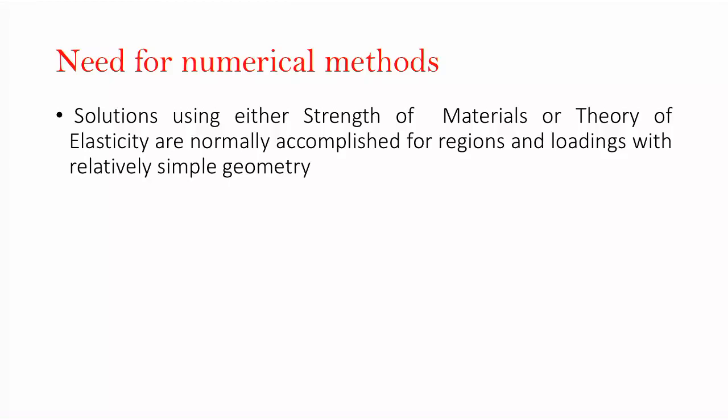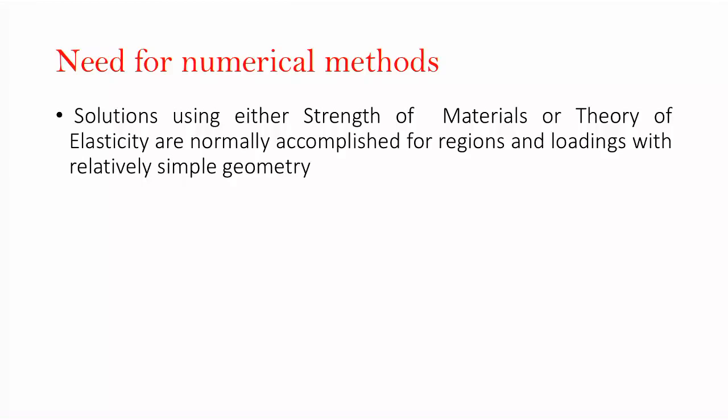You remember from strength of materials or theory of elasticity that we have some standard formulas to find the stress or strain or deflection. For example, when we apply pure bending onto a beam, we know that the normal stress, sigma, would equal My over I. You remember that formula? This is a standard formula.